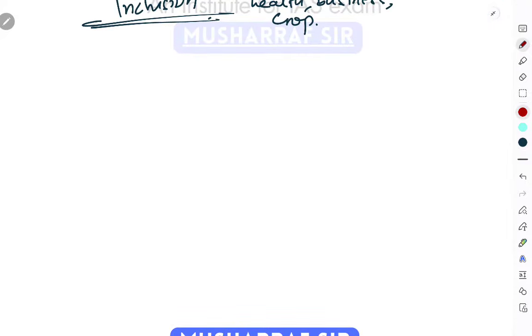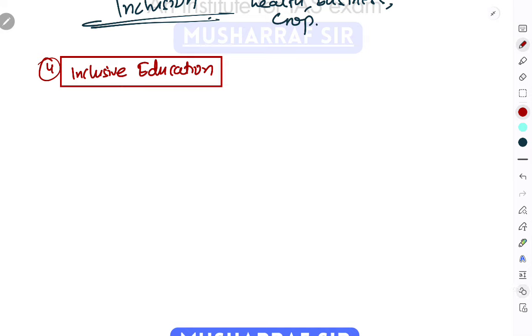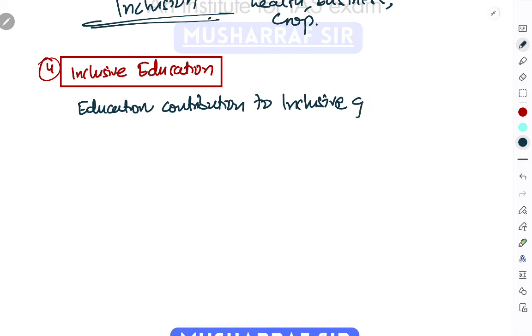Now the fourth policy that we can talk about here is inclusive education. Let's understand what exactly the things are when we talk about inclusive education. See, what are the contributions of education? Education contributes in the following ways to inclusive growth.